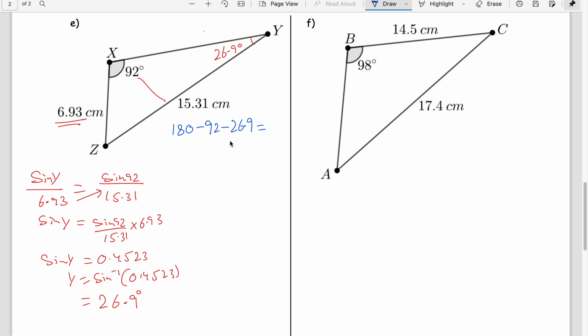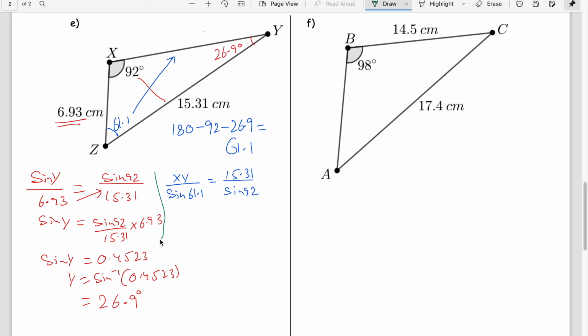You're left with 61.1. Now you have a new pair. This side xy is unknown, divided by sine 61.1, and we had a known pair which is 15.31 divided by sine 92. Make sure both the angles are in the denominator or both are in the numerator.